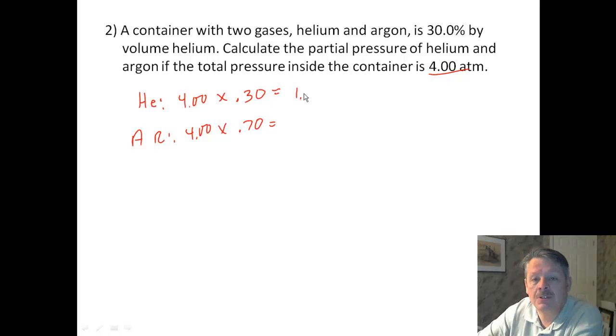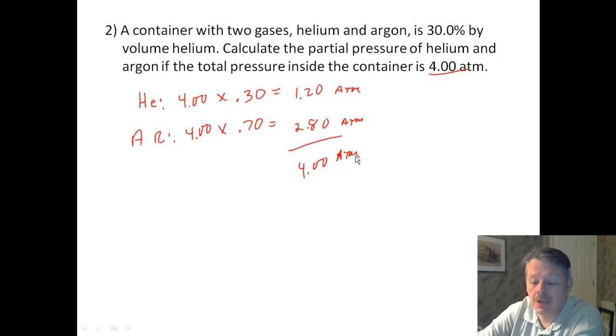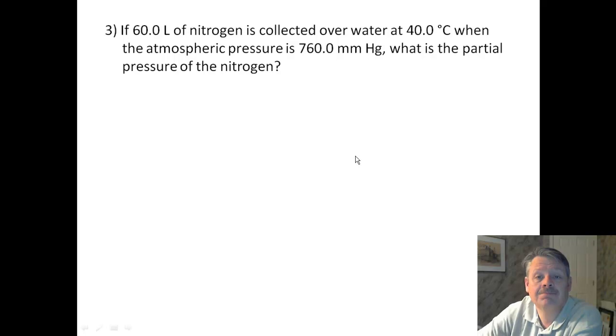Simply what that means is this is going to be 1.20, and this one's going to be 2.80, and those are atmospheres, because everything's in atmospheres. By the way, if you add those two together, you still get 4.00 atmospheres, which is your total. So you could have just subtracted one from the other to figure that out.